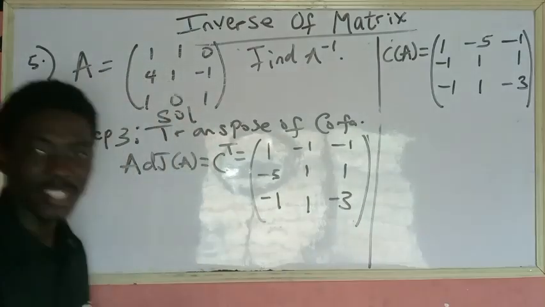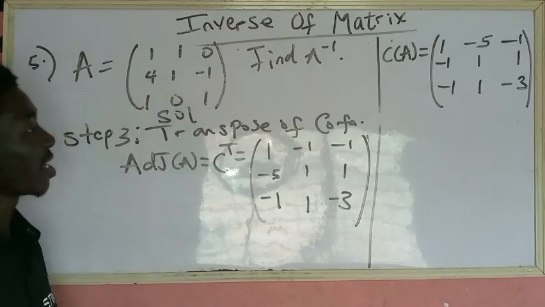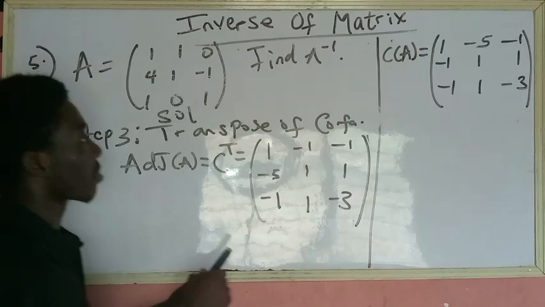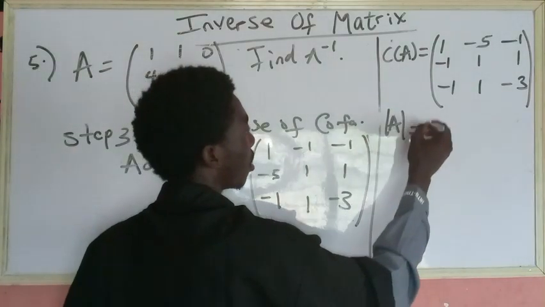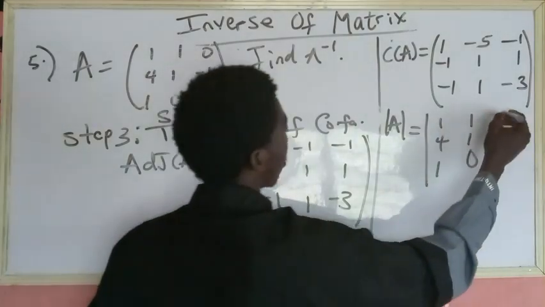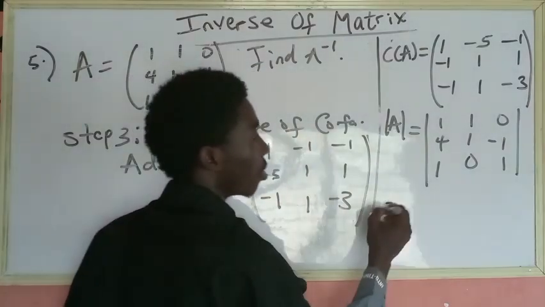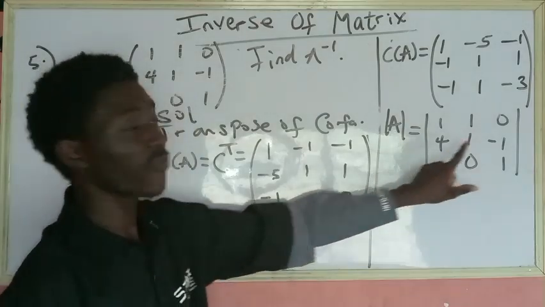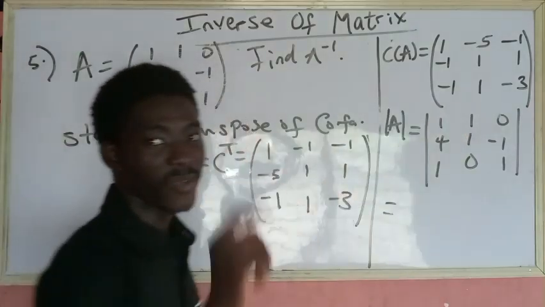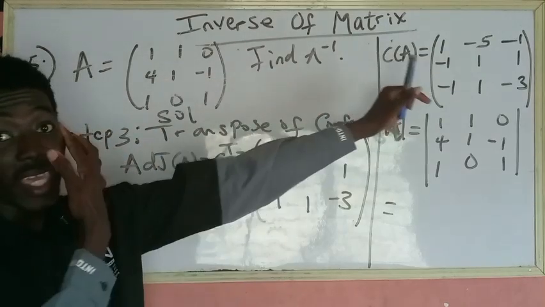That will be my adjoint of the matrix. Can you see that? Then all I need is the determinant of matrix A. So in that case, you look for the determinant of A. Solve for the determinant of A. So in that case, I'll store the value of this at the side of the board.